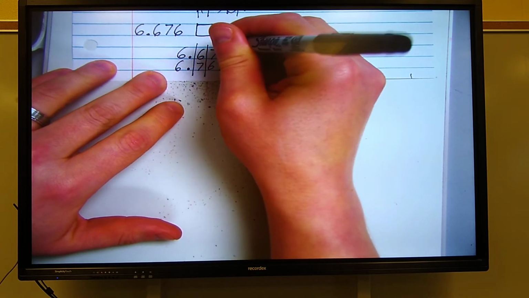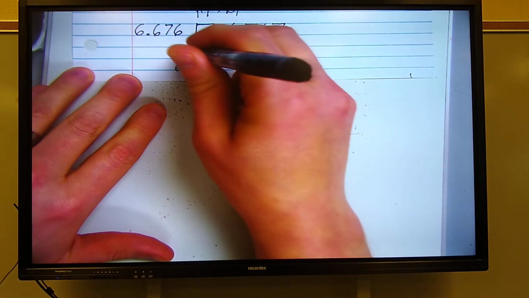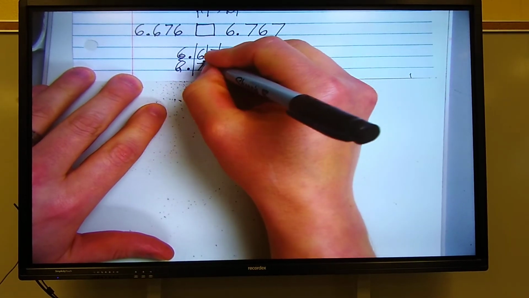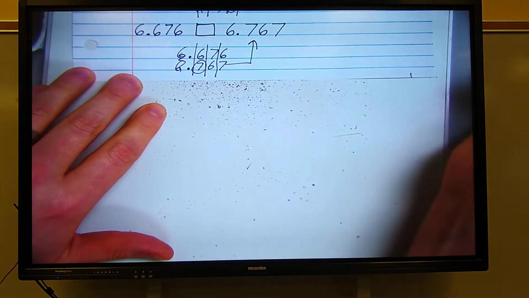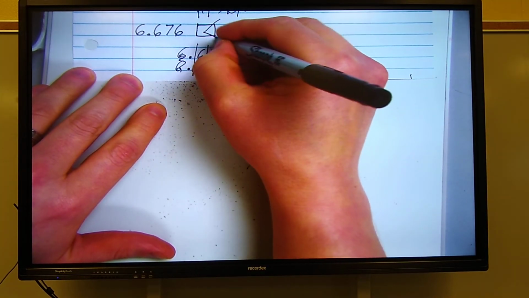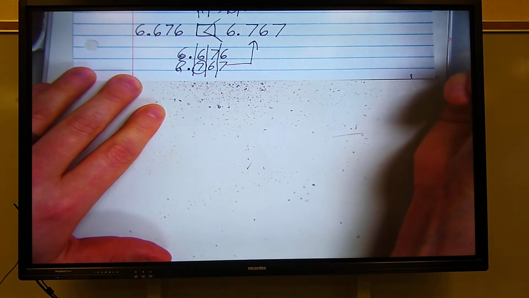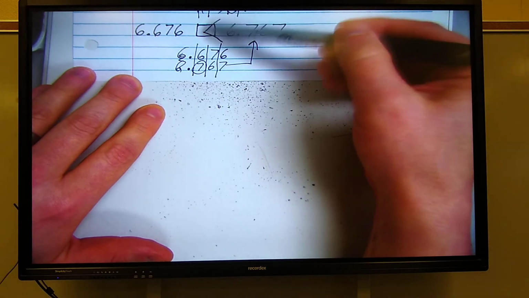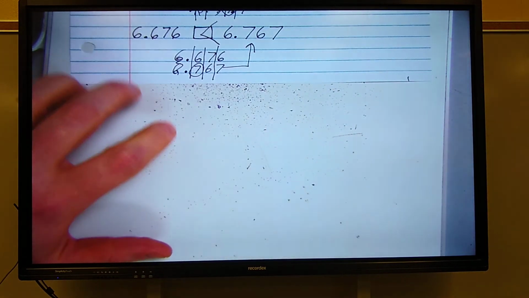Break them down into brackets, and now we can compare. I can't use the ones place. 6 and 7. All right, I can use the tenths place. This 7 is the biggest number. Here it is right here. That number is located here. I got to make sure the open part of the symbol is facing the biggest number. The answer is 6 and 676 thousandths is less than 6 and 767 thousandths.